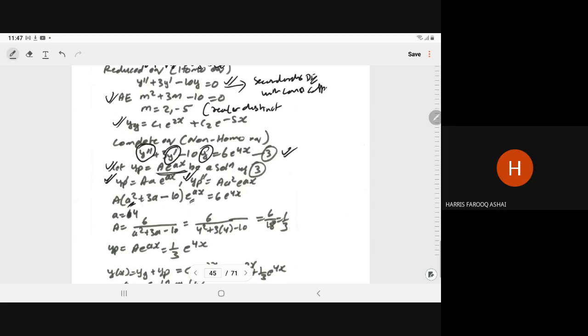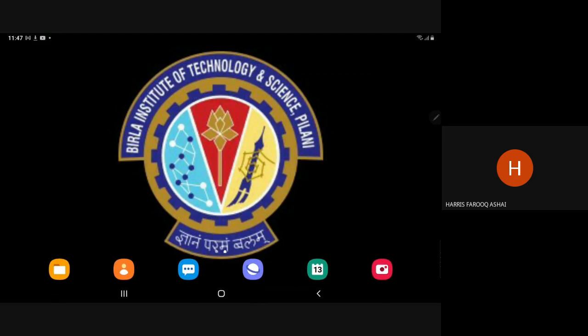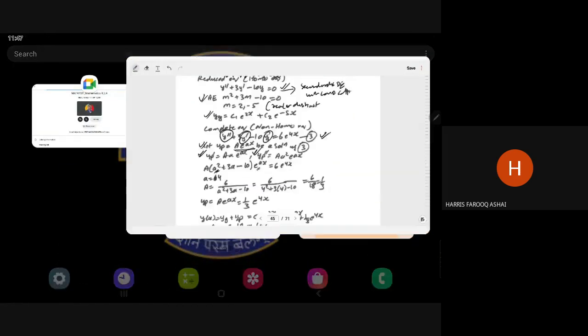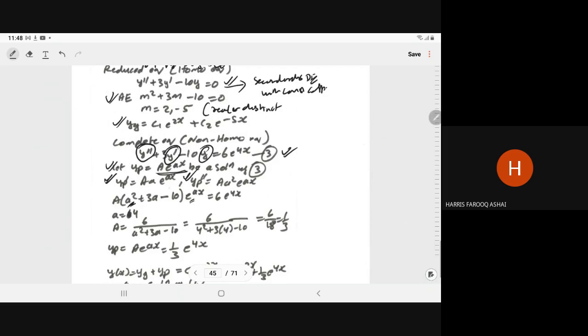So y dash is what? y dash is a e to the power ax. So here we put a into a e to the power ax. You have taken a and e to the power ax outside, so inside we have the 3a.